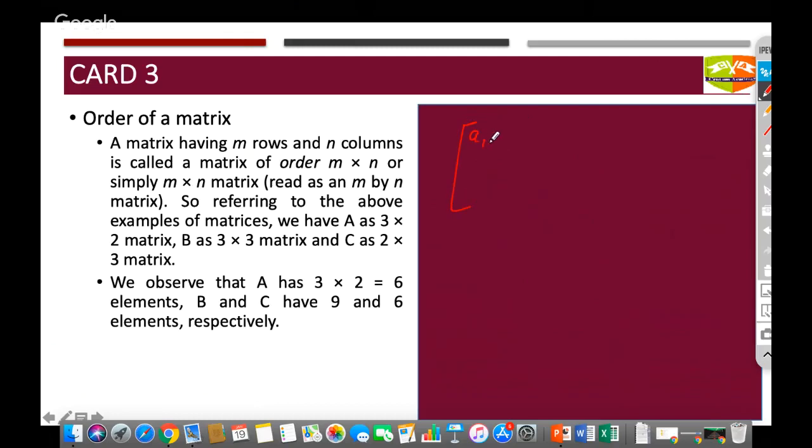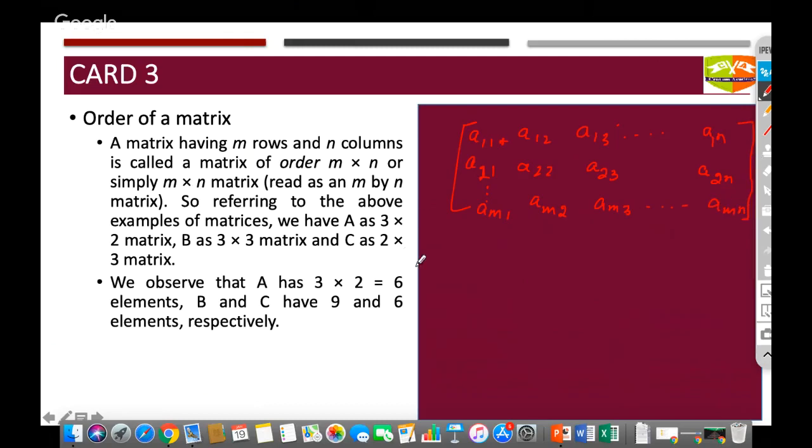A matrix is represented like this: a11, a12, a13, and likewise a1n. Then a21, a22, a23, up to a2n, and likewise am1, am2, am3, and this will be amn.